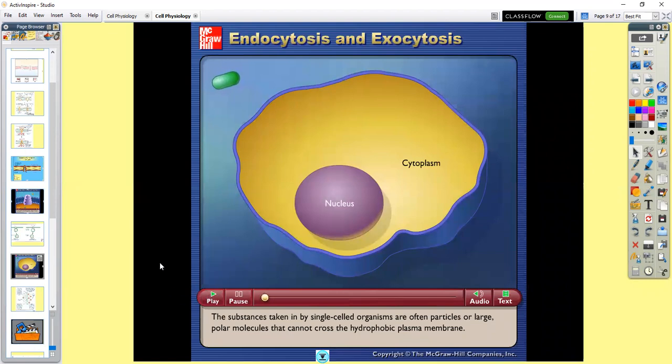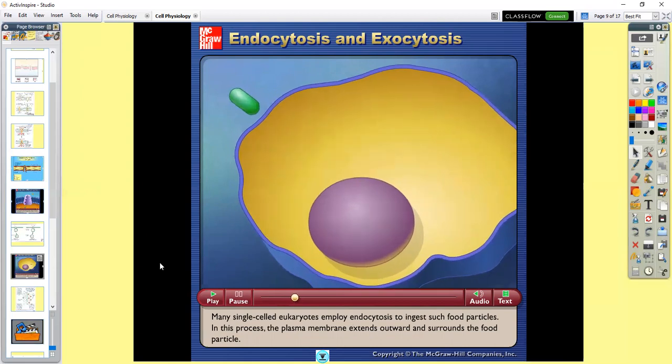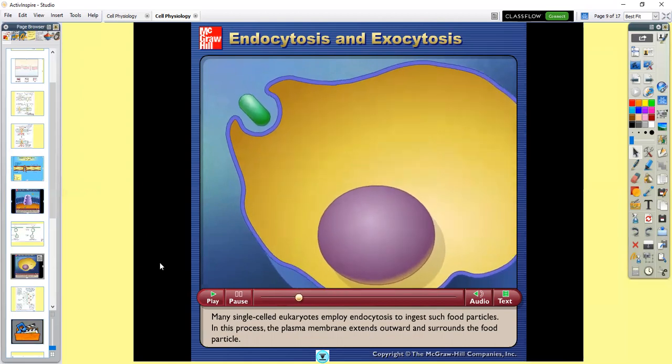The substances taken in by single-celled organisms are often particles or large polar molecules that cannot cross the hydrophobic plasma membrane. Many single-celled eukaryotes employ endocytosis to ingest such food particles. In this process, the plasma membrane extends outward and surrounds the food particle.